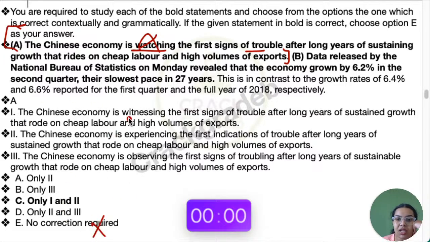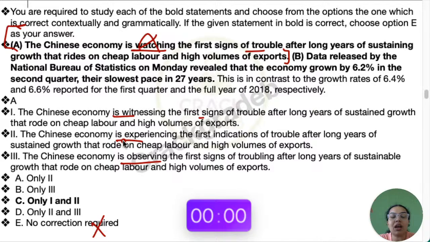The economy is witnessing and is experiencing. They themselves are going through this situation. So they are experiencing or witnessing the first signs of trouble after long years of sustained growth. Now, it is observing. When we observe something, first thing is to carefully look after, or take care of something, someone.